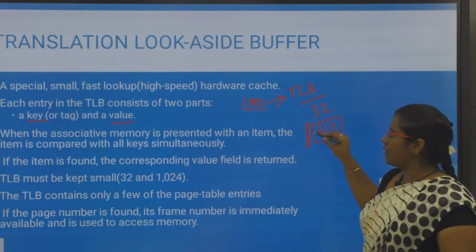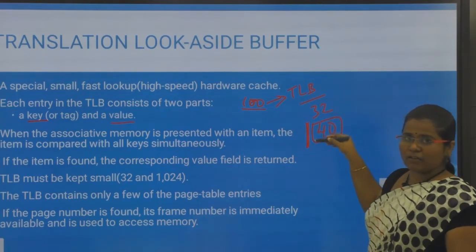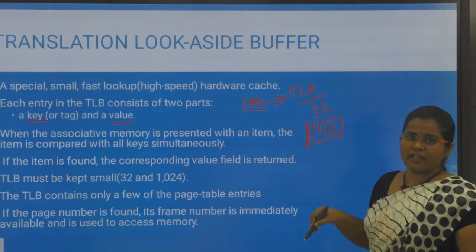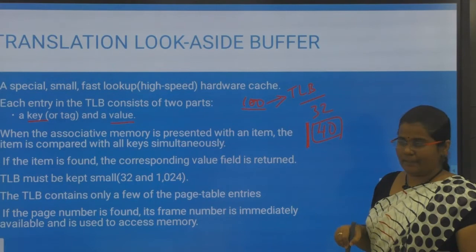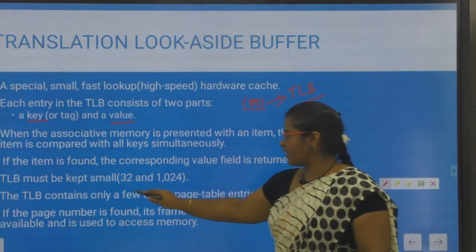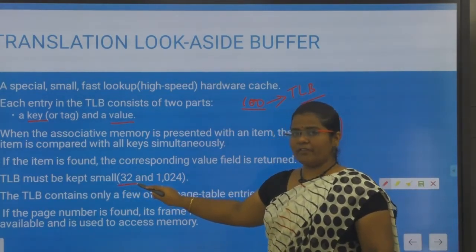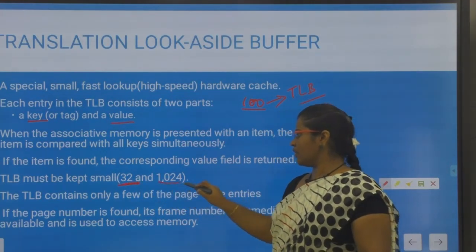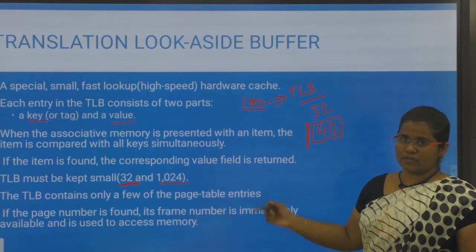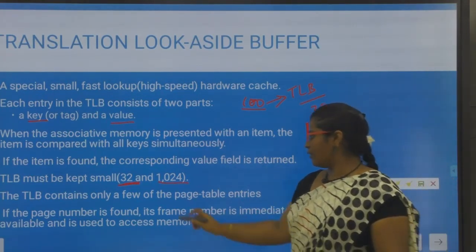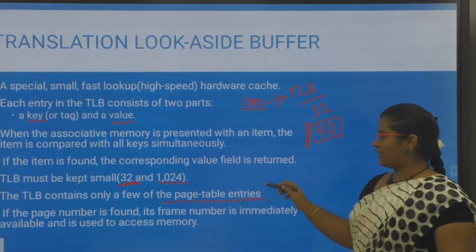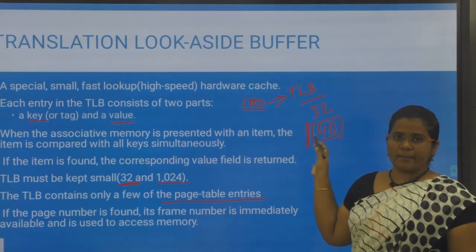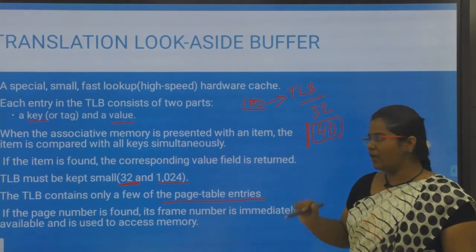For the remaining pages which are not present in the TLB, I need to go to the page table to search for the page number. Generally the TLB size may be from 32 to 1024 entries, that is 1024 pages, and only a few page table entries of your page table are present in the TLB.